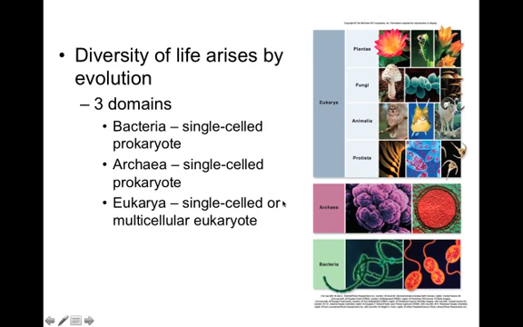The Eukarya, however, are single-celled or multicellular eukaryotes. The protists represent all of the single-celled eukaryotic organisms, and then Plantae, Fungi, and Animalia represent all of the multicellular eukaryotes.